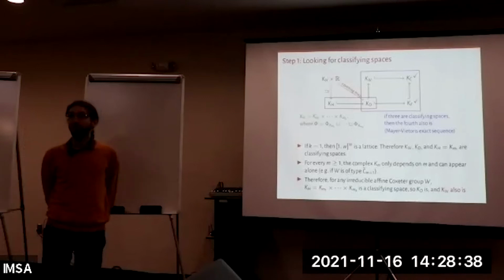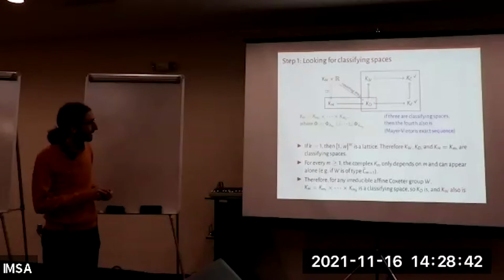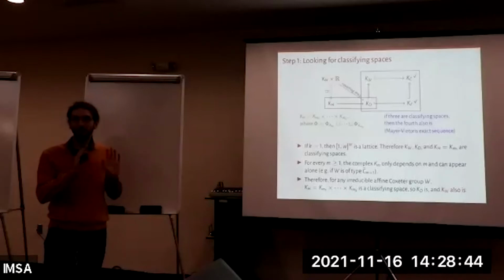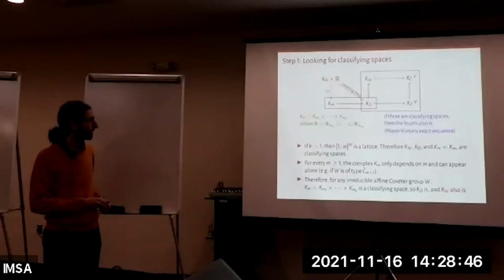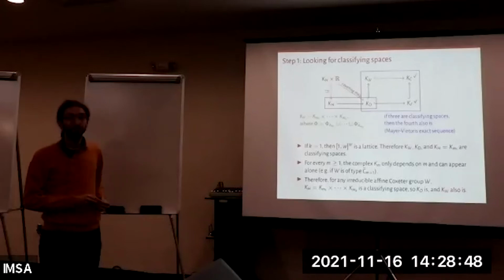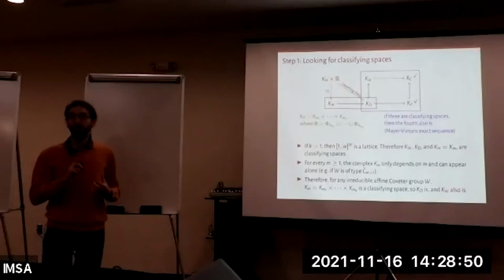Other questions? Okay, so KH, if it is alone, it is a classifying space. But if it is not alone, it is a product of smaller complexes which can appear alone.